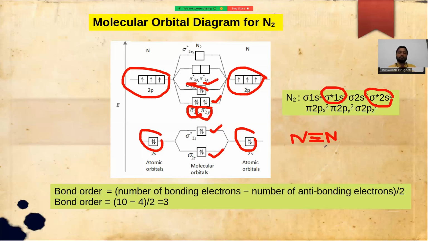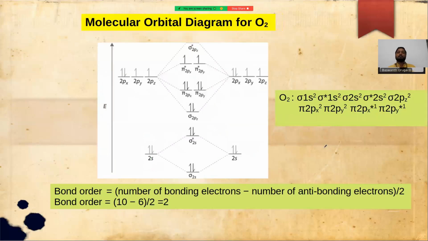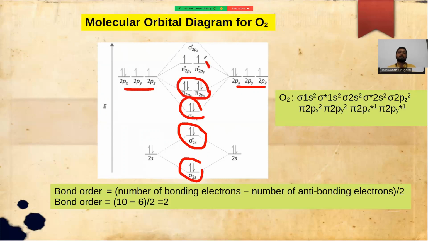Now let us go to the molecular orbital diagram for the oxygen molecule. So here again, I am not showing the sigma 1s and sigma star 1s orbitals, but only showing the 2s and 2p orbitals. So as usual, the sigma 2s and sigma star 2s orbitals are fully filled, and then the 2px, 2py and 2pz atomic orbitals on each oxygen atom combine to give sigma 2pz, pi 2py and pi 2px, pi star 2px and pi star 2py, and finally sigma star 2pz.